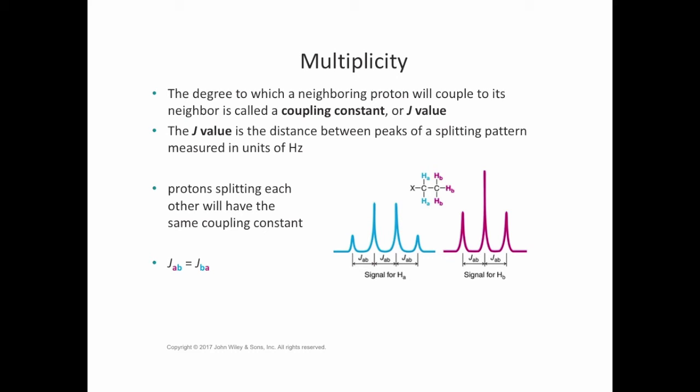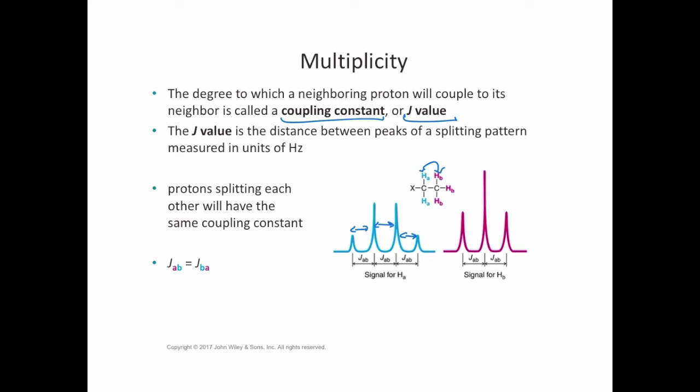The degree to which a neighboring proton will couple to its neighbor is called the coupling constant, or the J value. And this is the distance between the peaks in a signal, and it's measured in units of hertz. And protons that split each other will have the same coupling constant. So HA couples to HB with the same coupling constant that HB couples to HA with.